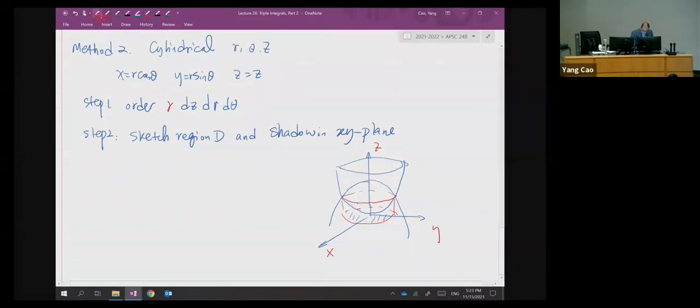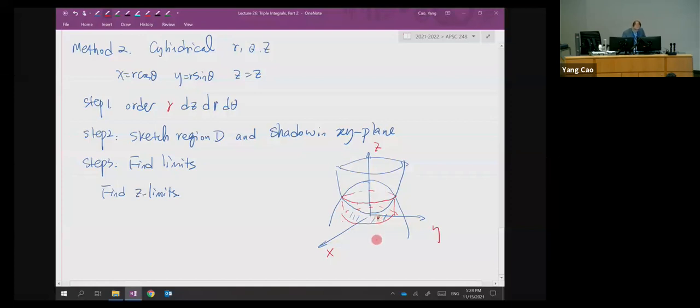Okay, so now the next step is to find limits. First is to find the Z limits. To find the Z limits, what we do here is exactly the same as what we do in Cartesian coordinates.